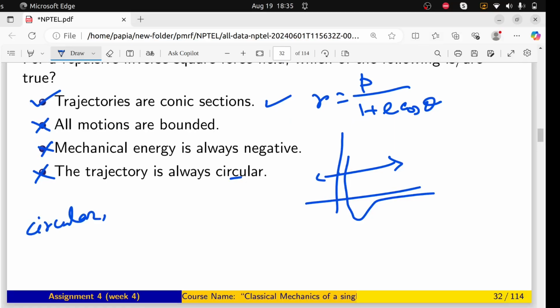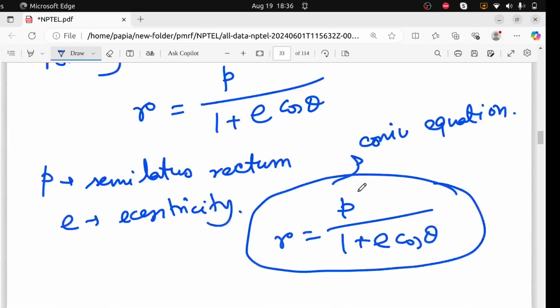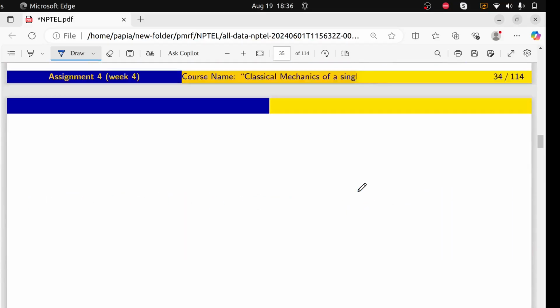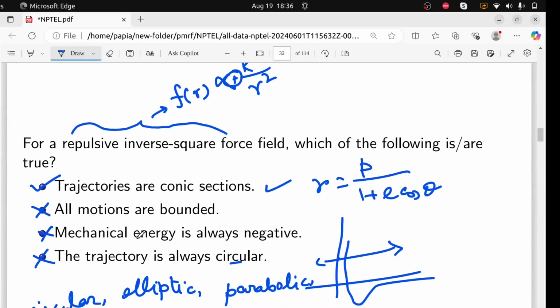Circular is just a type, it's not the general case. The others are elliptic, parabolic or hyperbolic. So these 4 options are possible here. So for this case, what is the correct answer? Trajectories are conic sections. That is correct.